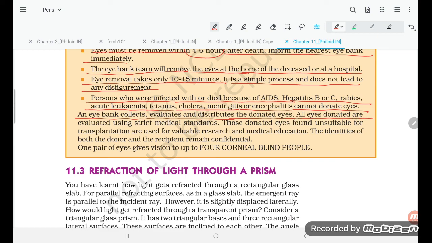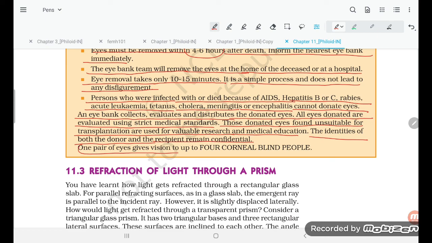All eyes donated are evaluated using strict medical standards. Donated eyes found unsuitable for transplantation are used for valuable research and medical education. The identities of both the donors and the recipients remain confidential.